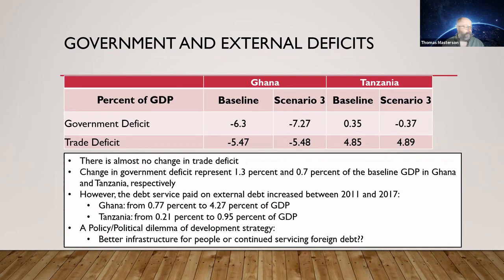Okay, so this slide encapsulates the dilemma for many countries in terms of development strategy. Do we have better infrastructure for people or continued servicing of foreign debt? It highlights the fiscal binds that many developing countries find themselves in, and calls on us to consider the historical development of that bind.